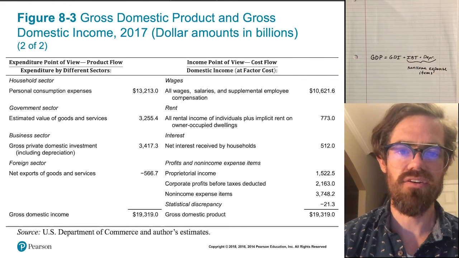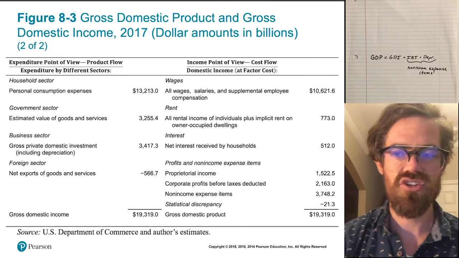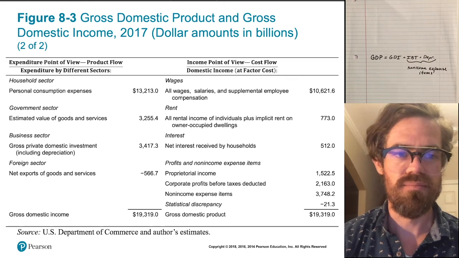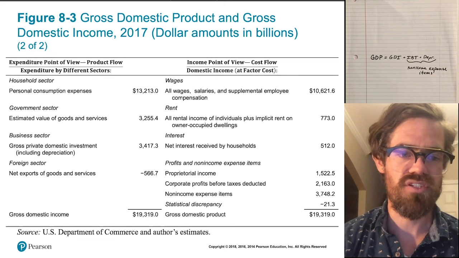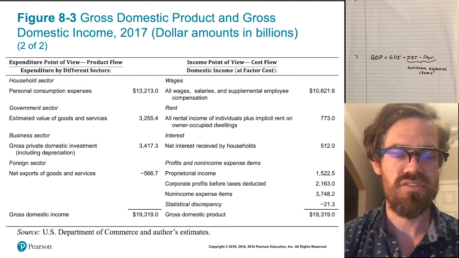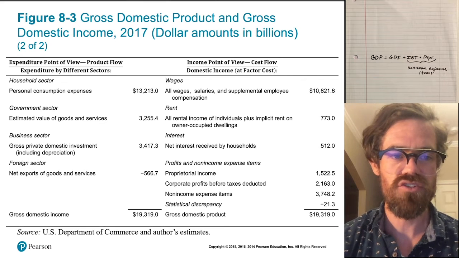And then here we can look at a comparison side by side of the two different approaches. These are the actual figures for the year 2017. Starting with the left side and the expenditure approach, we've got $13.2 billion in consumption expenditures.